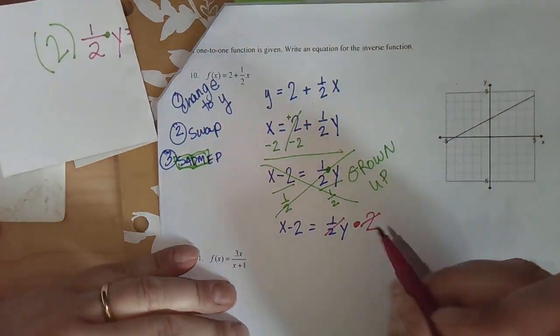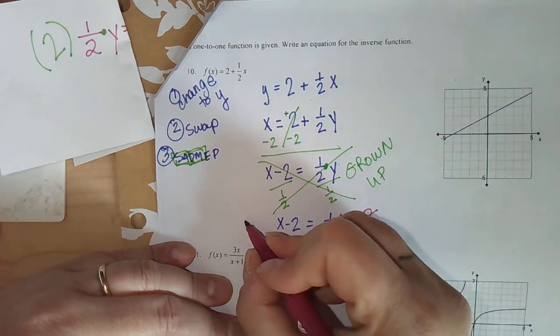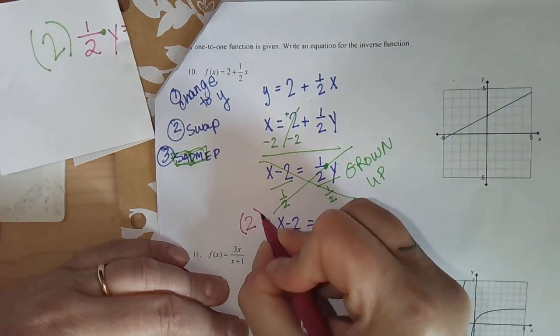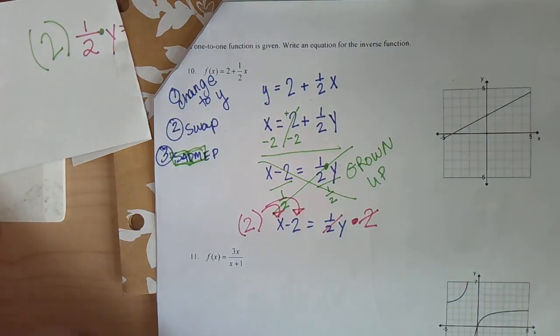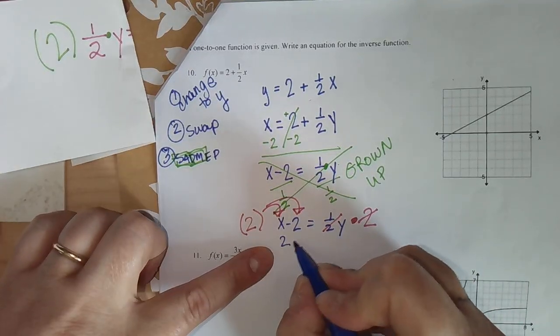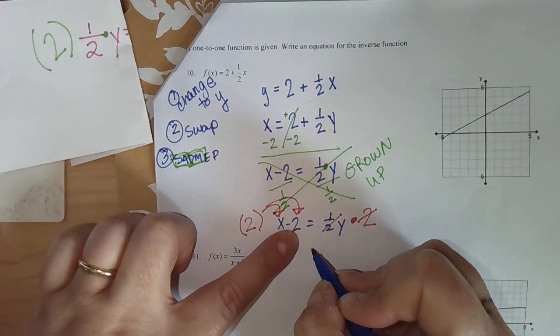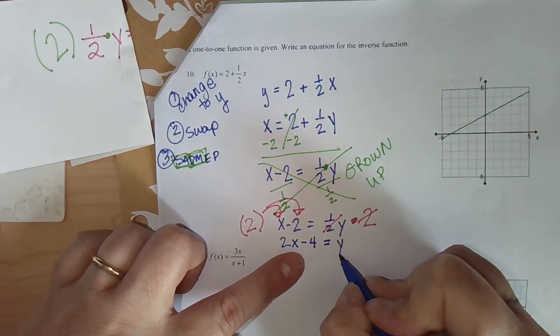That's why we multiply by the 2 on the right. And then don't forget to do it on the left. And on the left, it's got to distribute. That's the thing I'm worried we'll forget. So 2 times x is 2x. 2 times -2 is -4 equals y.